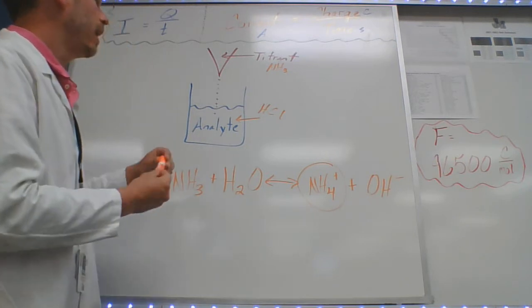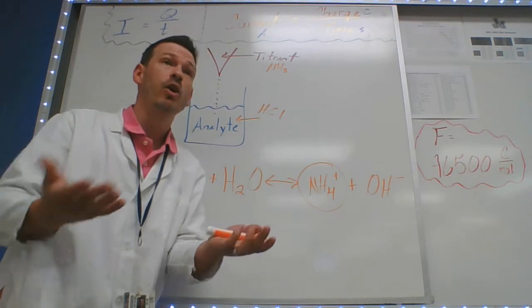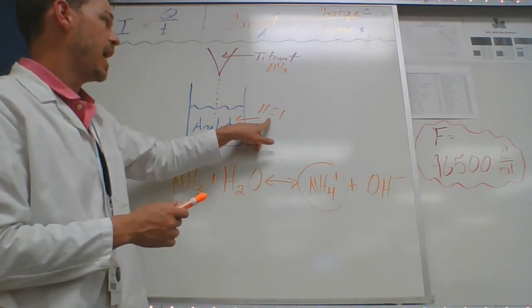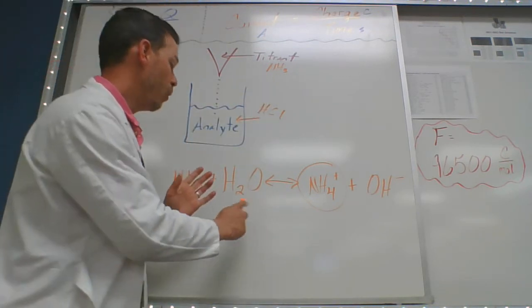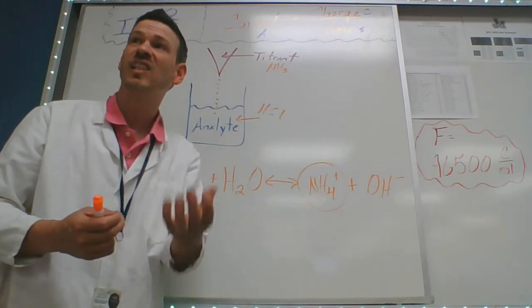So not only is the pH going to stay relatively low at the equivalence point because the HCl is much stronger than the ammonia, but one of the products of the NH3 being added is a more acidic species.